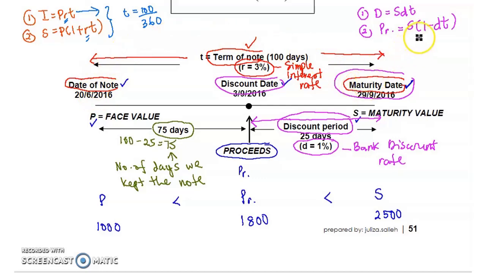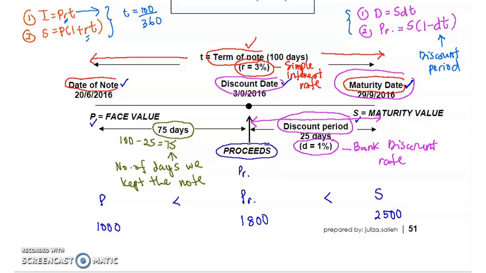Now look at the formulas under bank discount: D equal to SDT, and proceeds equal to S(1 minus DT). D is the discount rate. So how many days is T here? For this one you need to refer to the discount period, from the discount date to the maturity date.